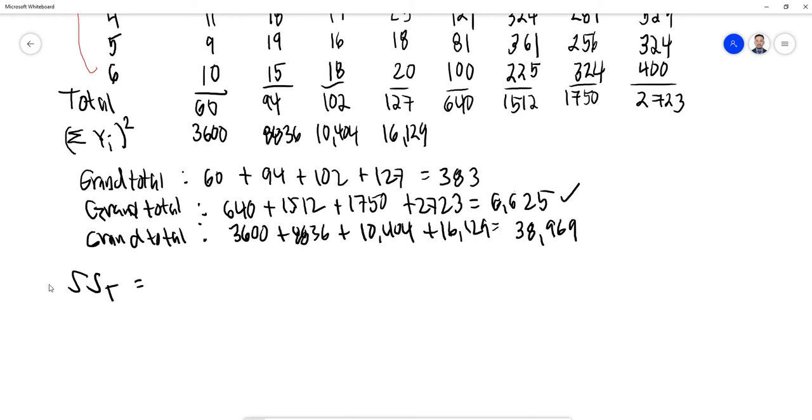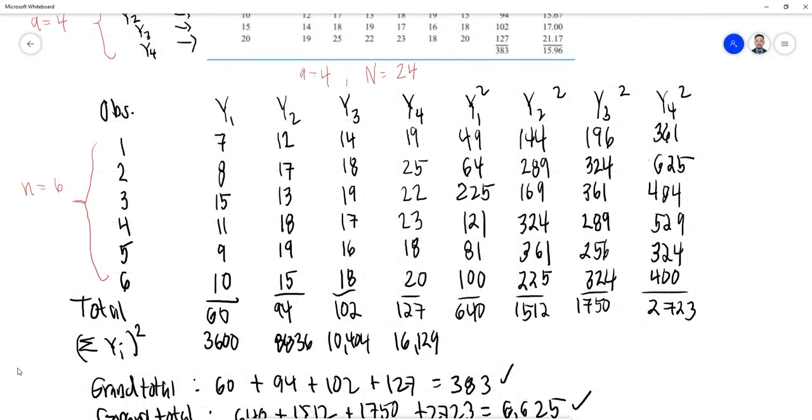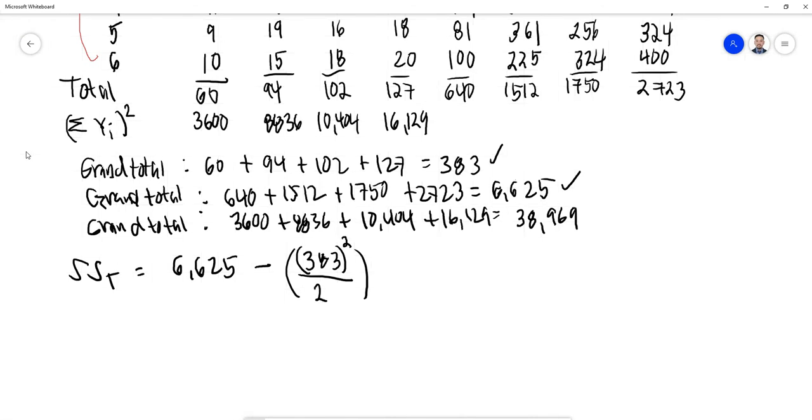We have 6,625 minus this one, 383, and then we square it, divided by the big N, which is 24. We compute this and we will get 512.96.